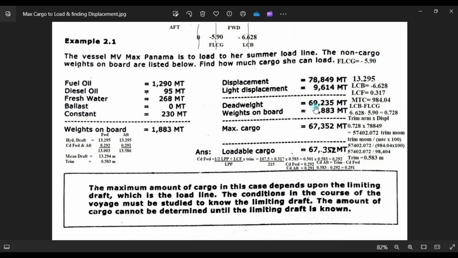So 69,235 minus 1,883 will be your maximum cargo to load, which is 67,352. So the answer is the loadable cargo will be 67,352 metric tons. So this will be your maximum cargo to load in the summer load line.